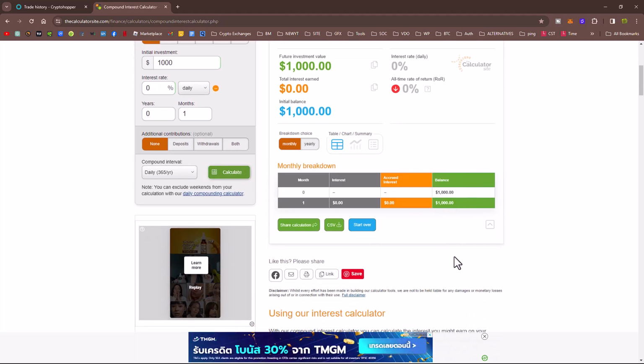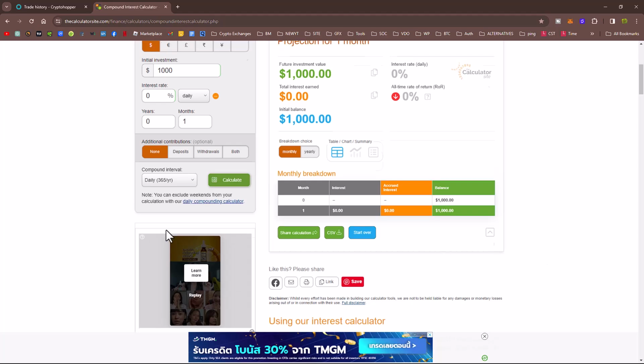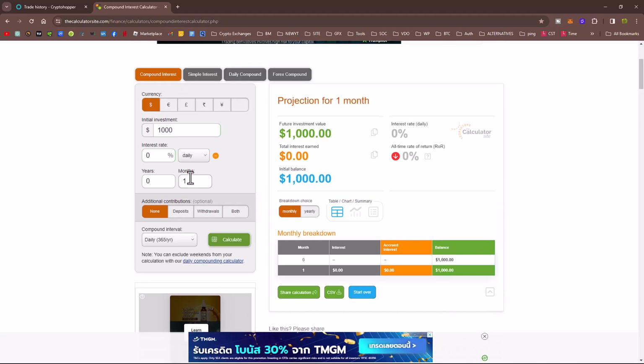I'm going sideways. I've not lost anything. If I do that for 10 days, I still got $1,000 after 10 days. But then, I have a 5% day.